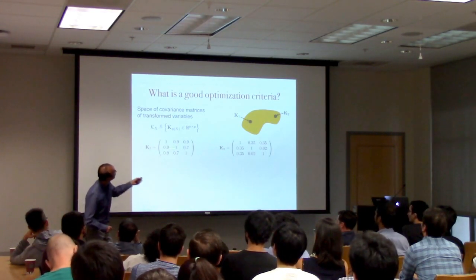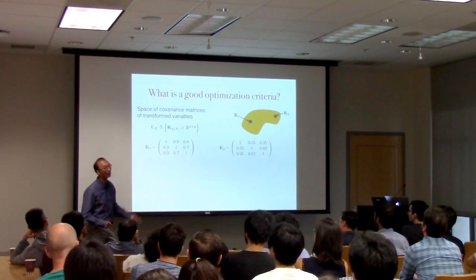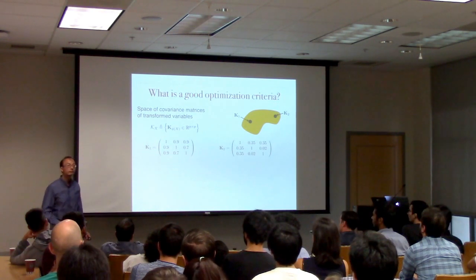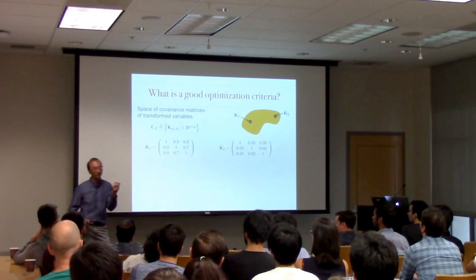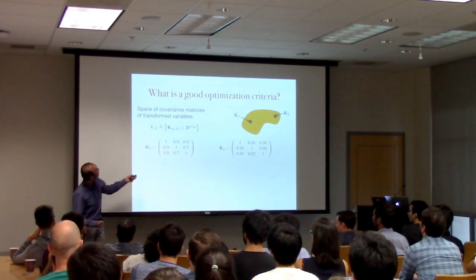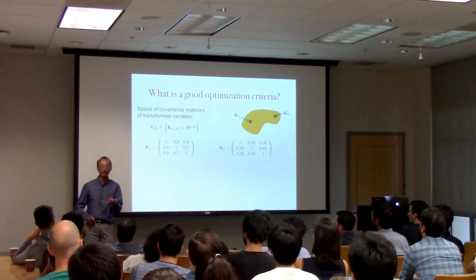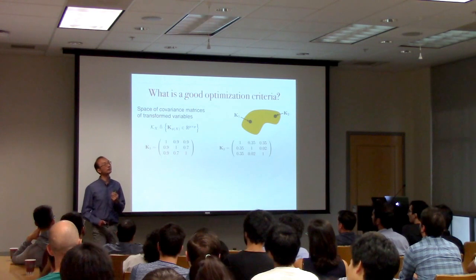Now, obviously, I cannot compare them because there are 3 numbers here and another 3 numbers here, which are not ordered. I don't know how to order them. But remember, the goal here is to capture dependency, right? So I want to say somehow that maybe one matrix is more dependent than the other matrix.